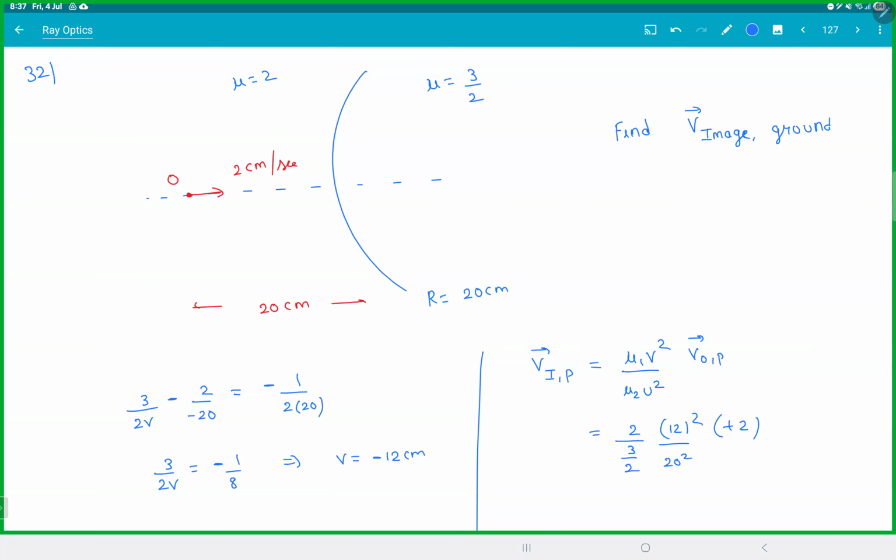How much is this? 4 by 3, 12 times 12 over 400, times 2, which is 9 by 25 into 2, so 24 by 25.